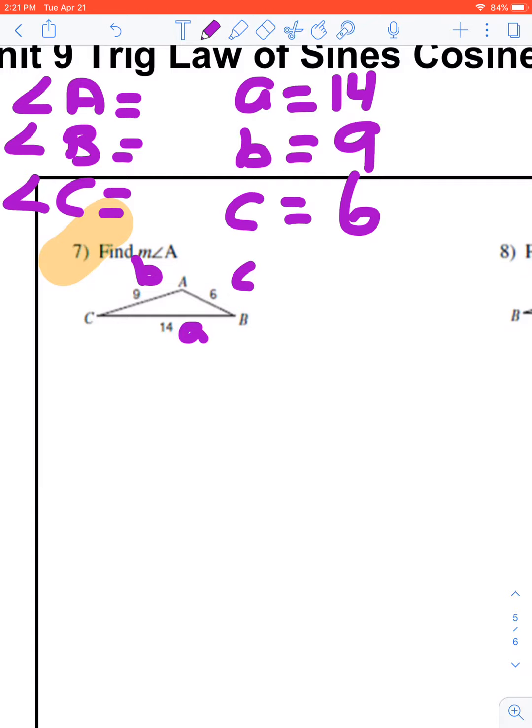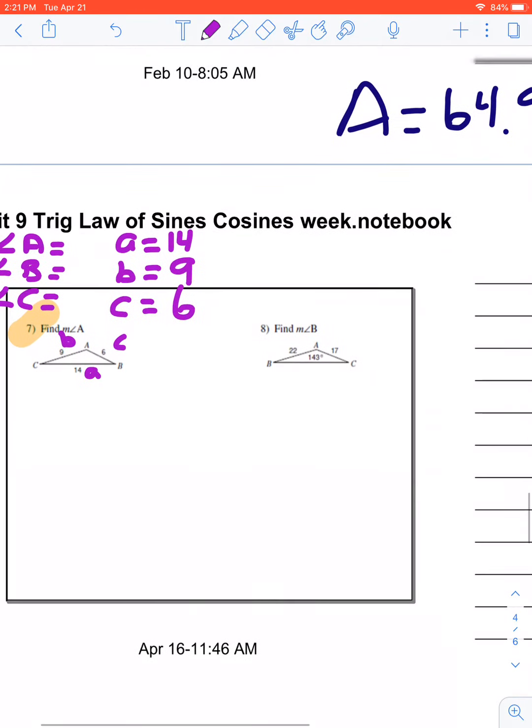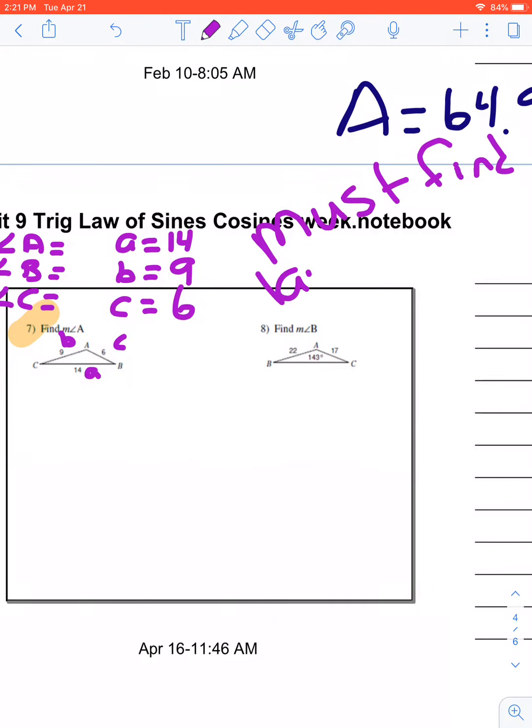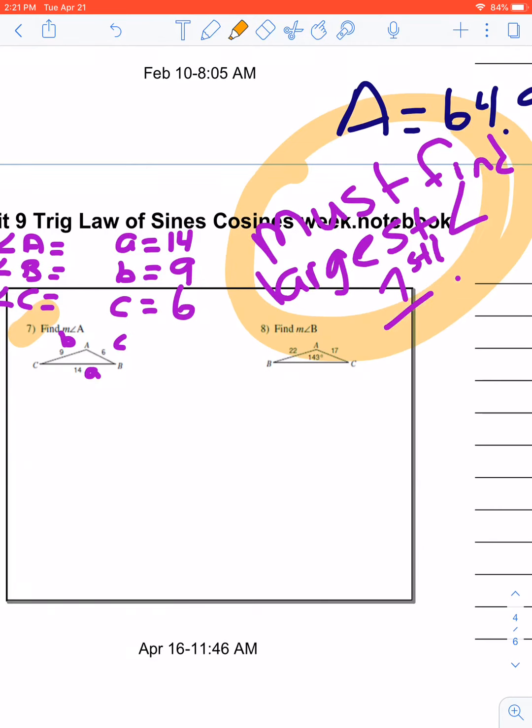Here's the most important rule when using law of cosines and given all three side lengths: you must find the largest angle first. This is so important.